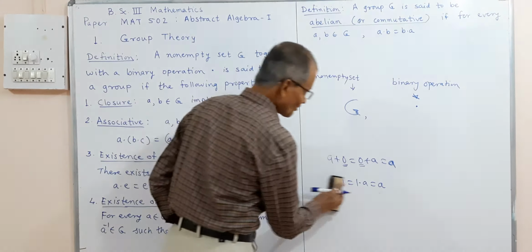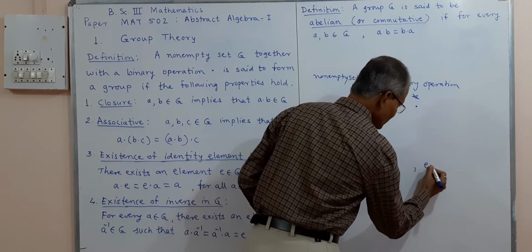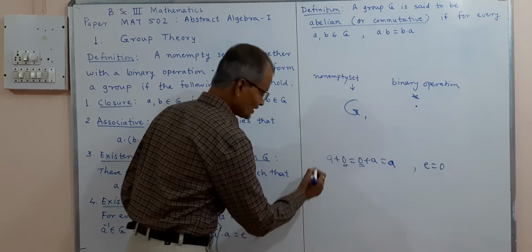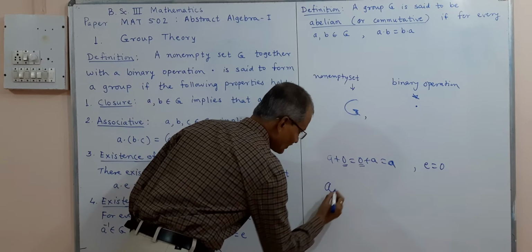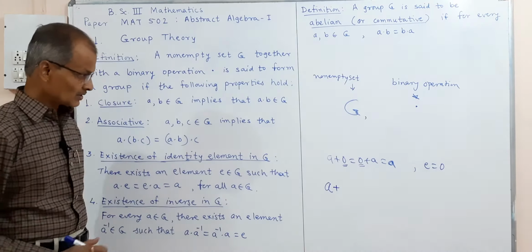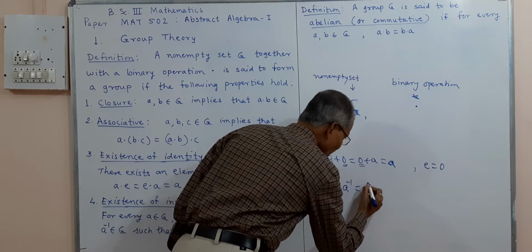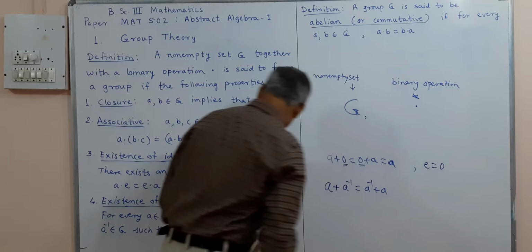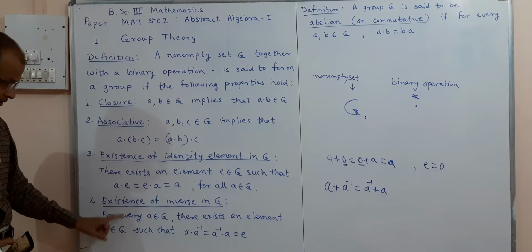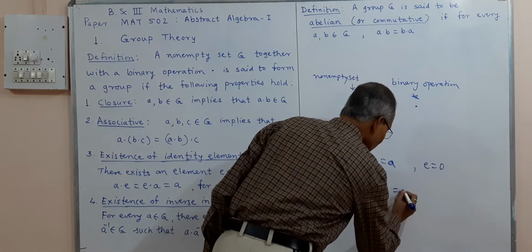For example, what is the identity for addition? That is e is equal to 0. And if you consider the inverse with respect to addition, a plus that inverse element is equal to a inverse plus a. These two are commutative, we can change the order, and that must result in the identity element.